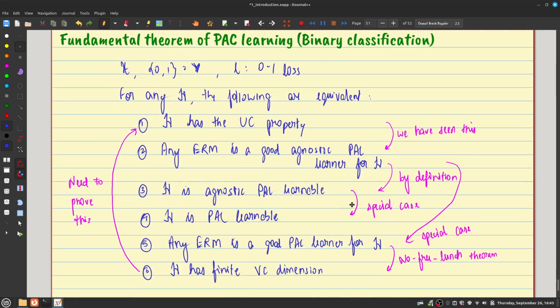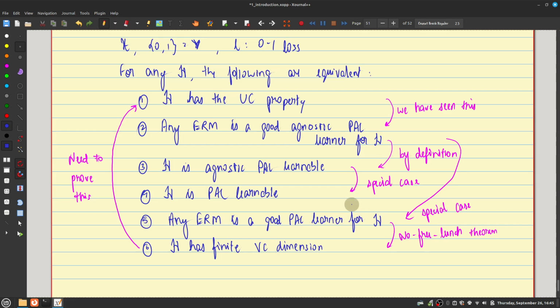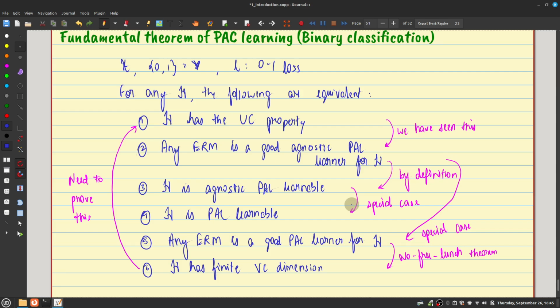Okay. And at the end of last class, I had introduced this fundamental theorem of PAC learning for binary classification, which had a bunch of conditions which happen to be equivalent.